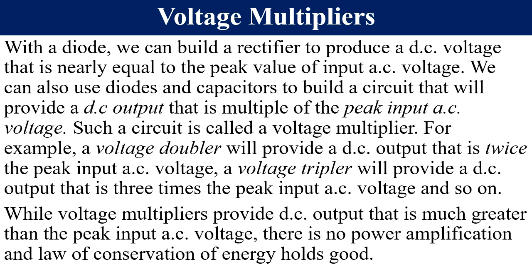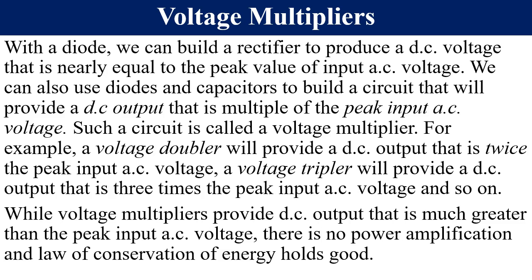So we multiply the peak input AC voltage by 3 to produce a DC output voltage with that value.